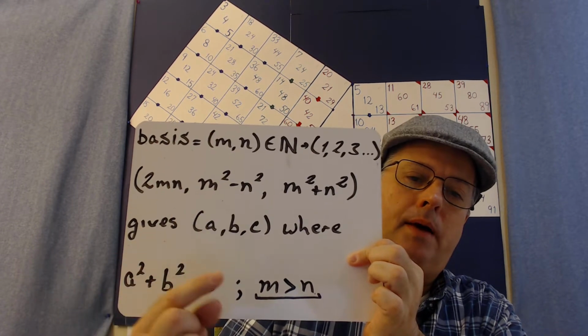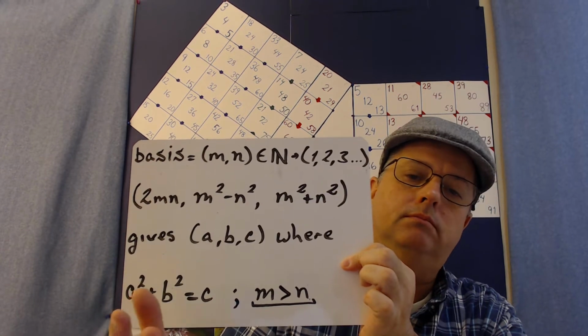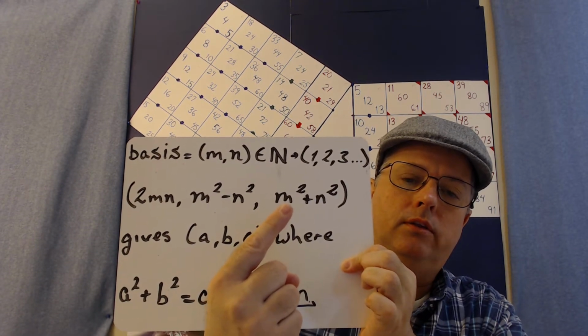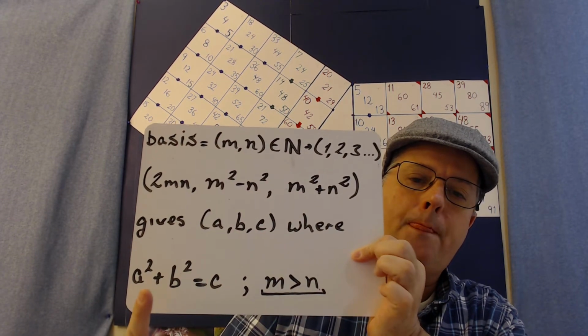I'm talking about a, b, and c always being in numerical order. And then you have m squared plus n squared to give you the c value.